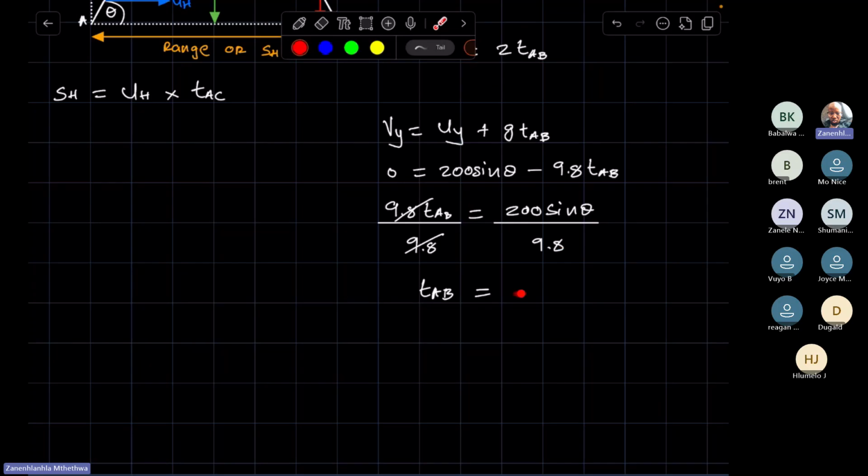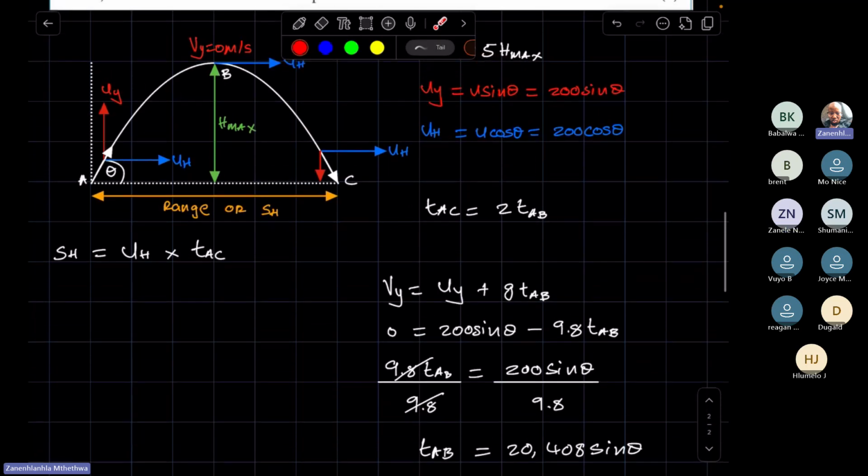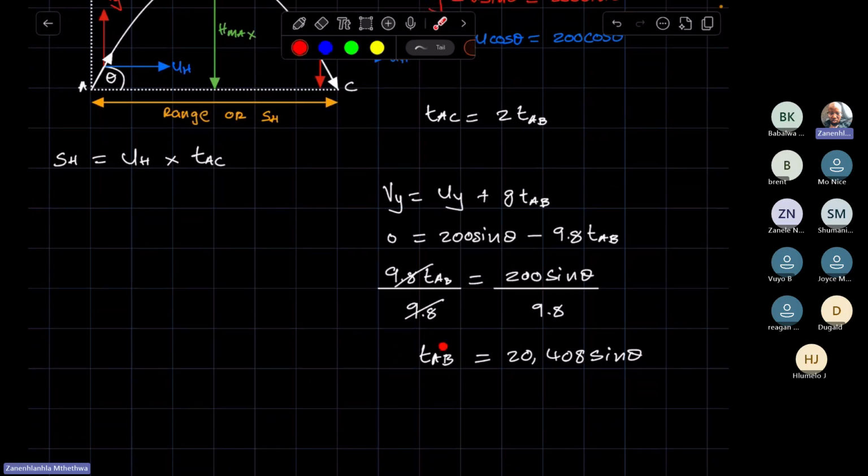So I'm getting 20.408 sine theta. Because we haven't been given the time, the time it takes the projectile to reach its destination, or the time it takes to reach the apex, we have to express the time in terms of sine theta.